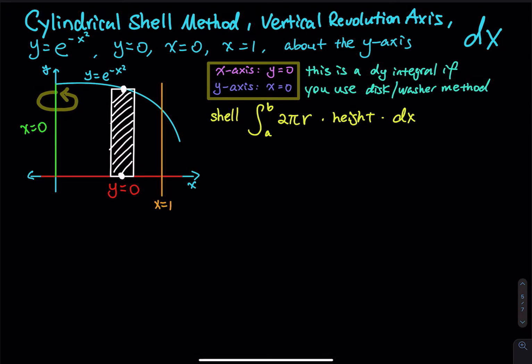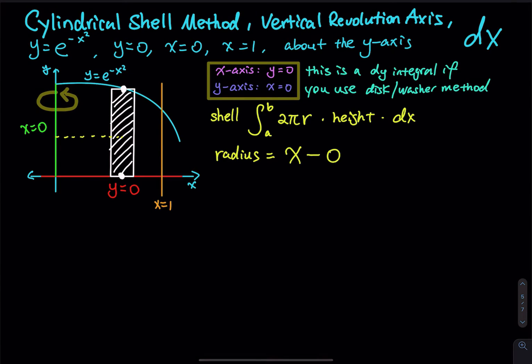So first things first, we have to figure out the radius. So what is the radius? The radius is the distance between the revolution axis and any point on the region. So you use the right curve minus the left curve, right minus left. So any x in the region minus 0.